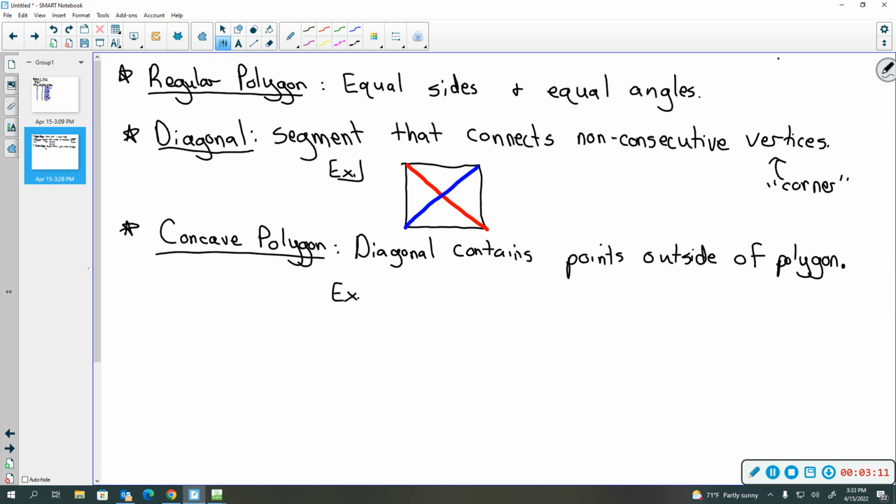As an example, let's say this is my polygon here, kind of like an arrow. It's got 1, 2, 3, 4 sides, so this one's actually a quadrilateral. But if I try to draw a diagonal, maybe from here to here, it is outside of my shape. So I know this is a concave shape. It has caved in on itself.